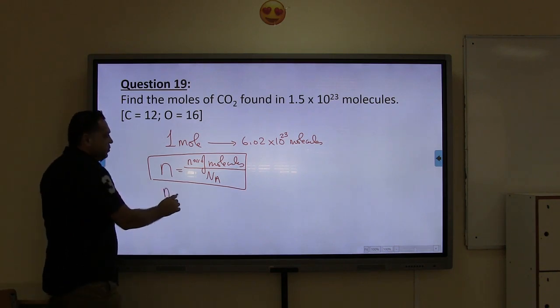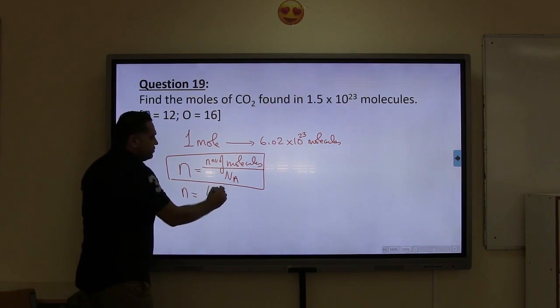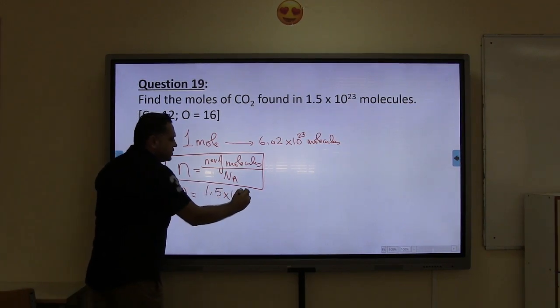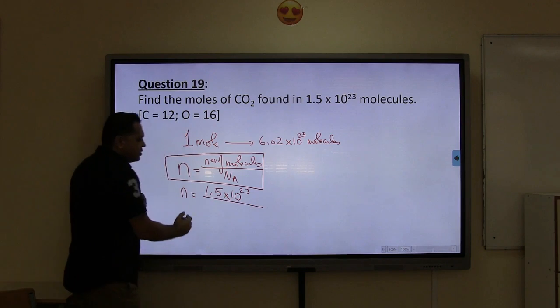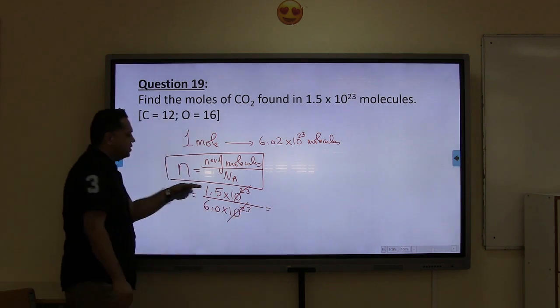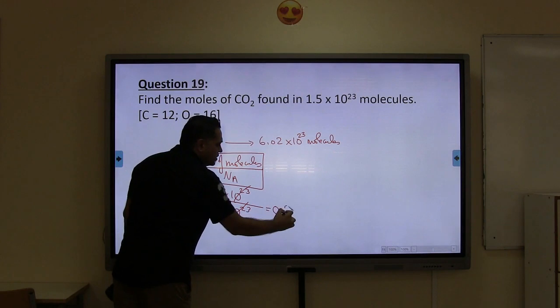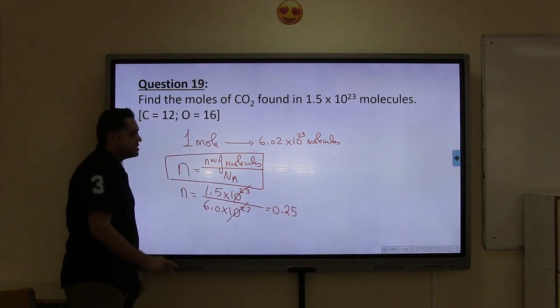So to find the number of moles, the molecules is 1.5 times 10 to the power 23. Avogadro's number, if we take it as 6.0 times 10 to the power 23, these will be cancelled. 1.5 divided by 6 is 1 over 4, which will be 0.25 moles.